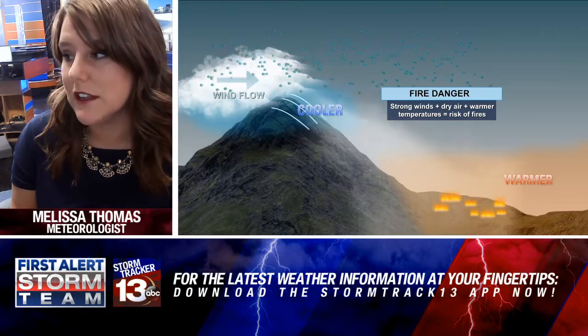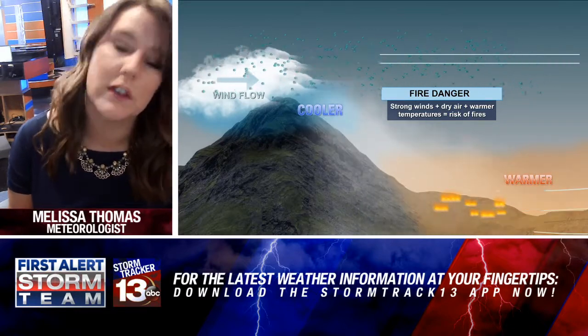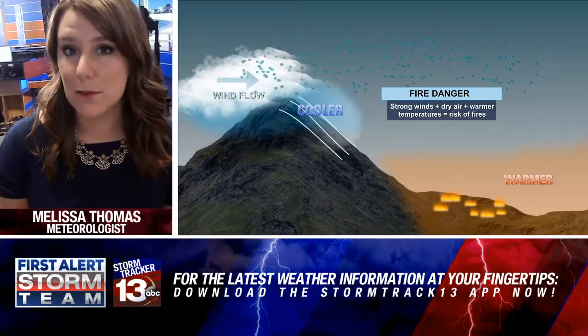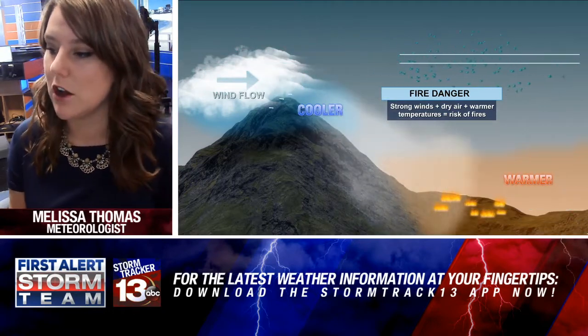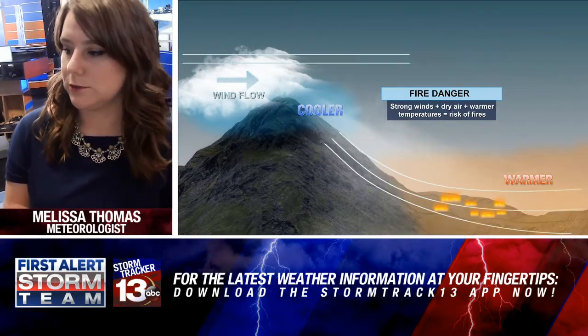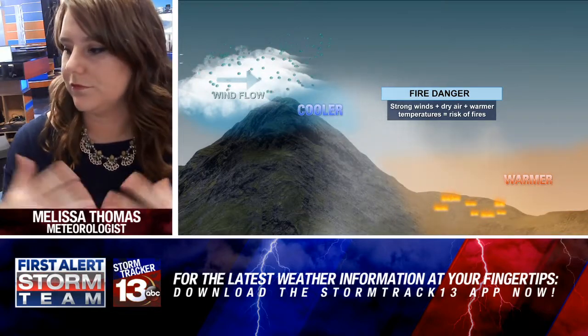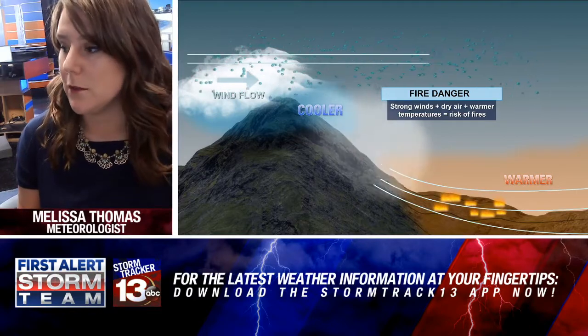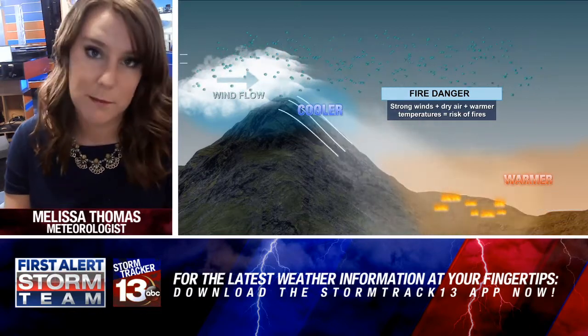You have strong winds, dry air, warmer temperatures, that ups your risk of fires. So this type of meteorological physical process lends to a greater risk for fires in certain cases for them. And that's because they're mountains that we don't have.